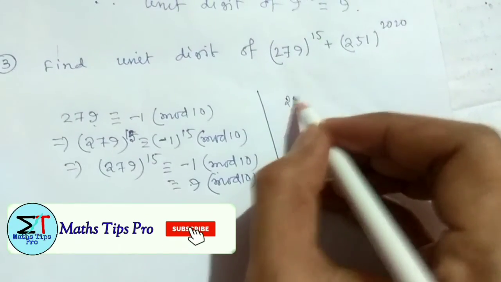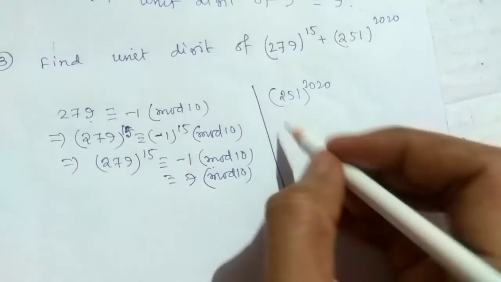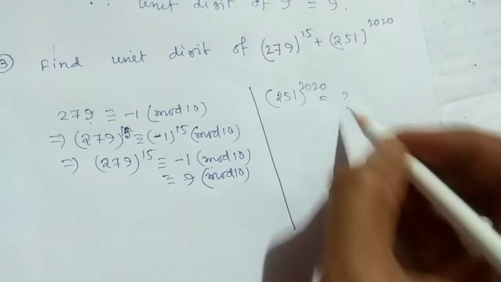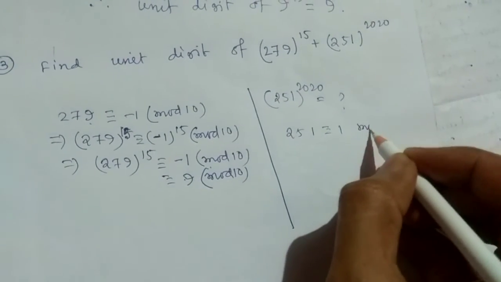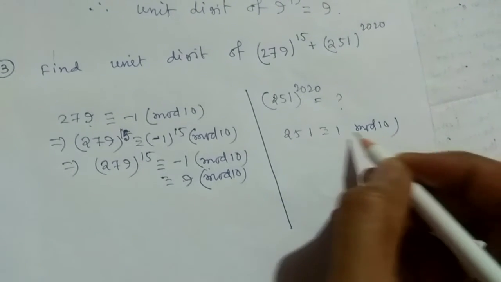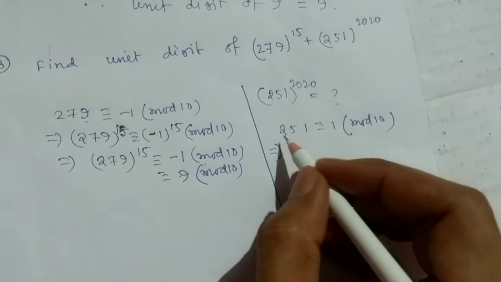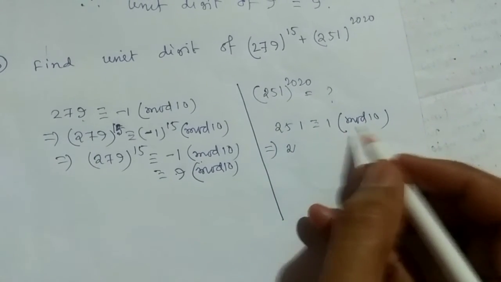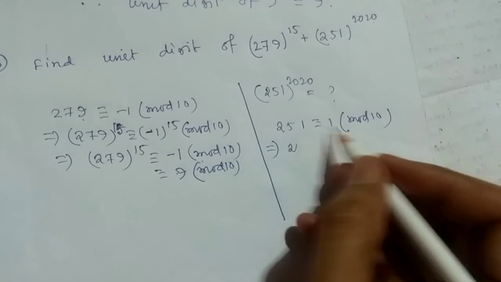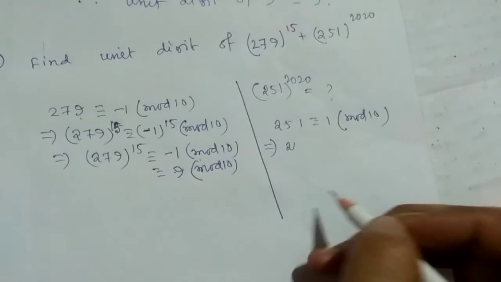Again we calculate for the second one, 251 to the power 2020. For this unit digit, we know 251 is congruent to 1 mod 10, because 251 minus 1, that is 250, is divisible by 10.